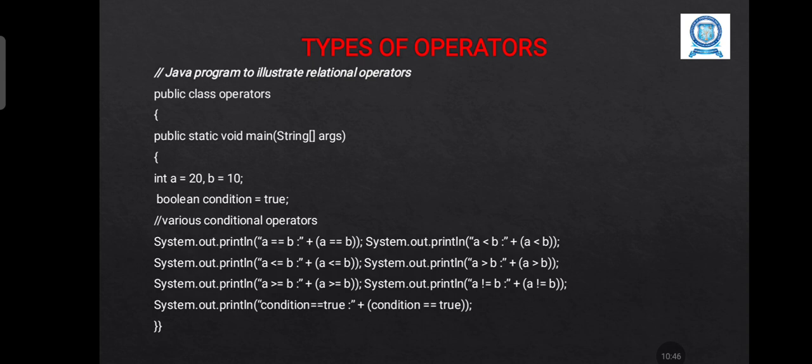Here we are seeing the example. For example, we are comparing A and B. If A less than B, we are directly applying the operator A less than B. So what will happen is A will be compared with B. If it is lesser, true will be printed in the place, and if it is greater, false will be printed.